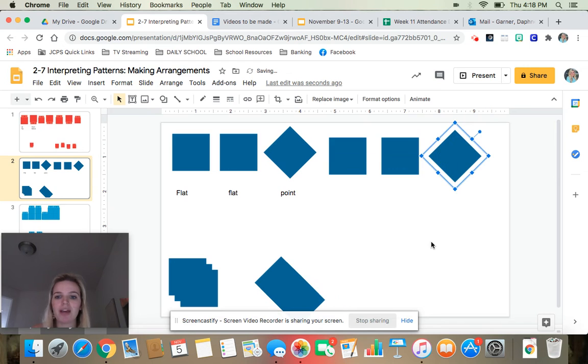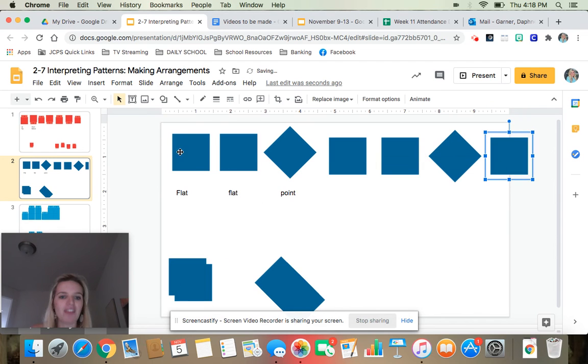What shape would come next? If you said flat, you were right. Flat, flat, point. Flat, flat, point. Flat, flat, point. So although these are all blue and these are all squares, they still are a different pattern. They have different arrangements. They're turned different ways.